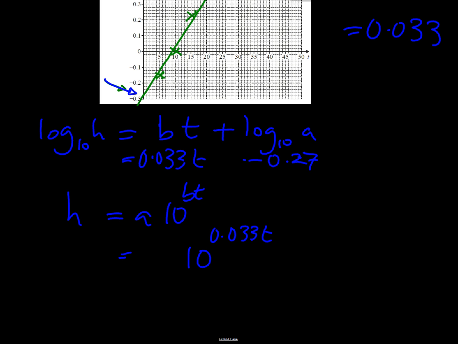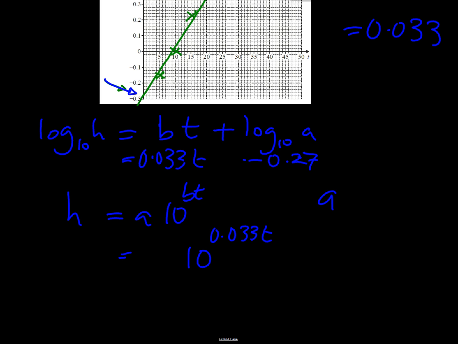We've got log base 10 of a equals minus 0.27, and we can reverse that process by doing a power to find our value of a. Let's quickly write that there.